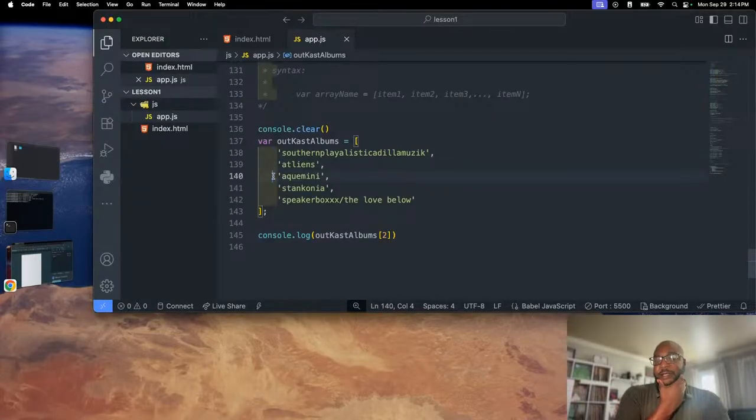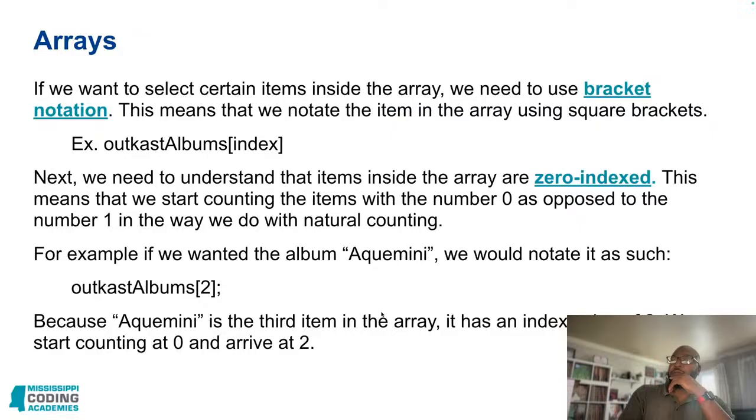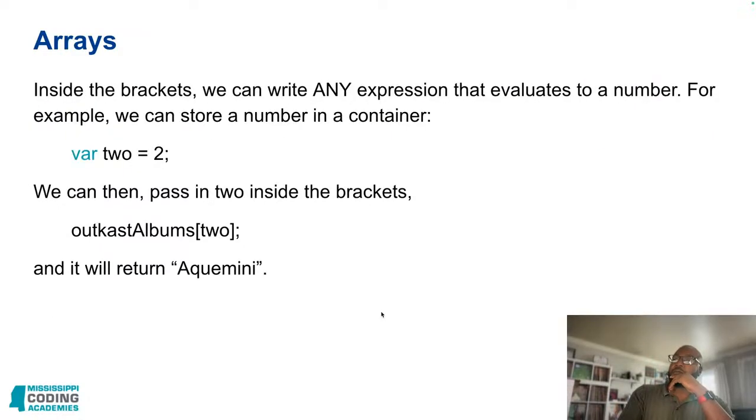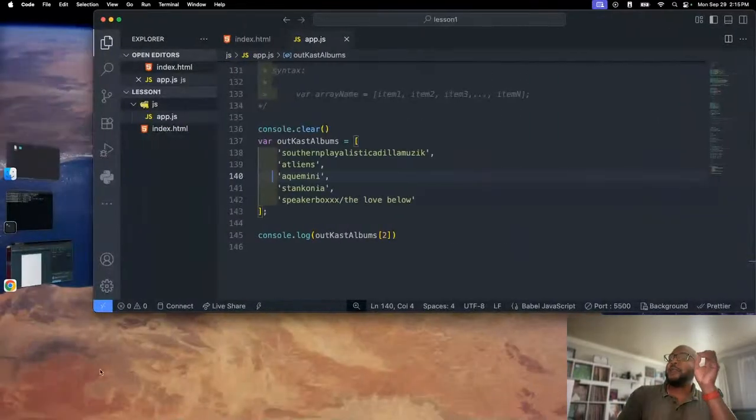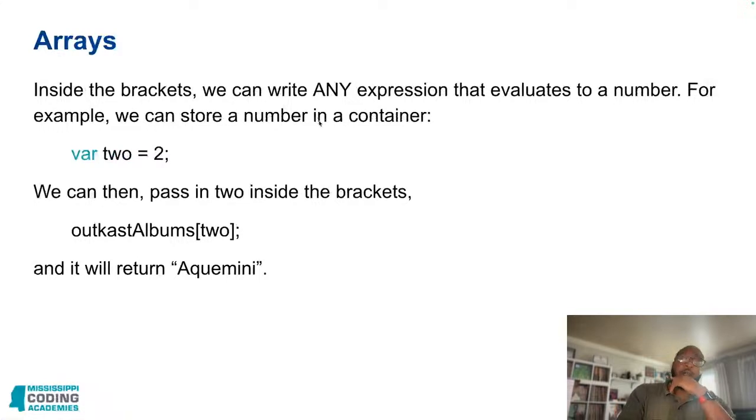And Aquemini is the item that has an index value of 2. And so that one will be the one that is logged out. So yeah, we see that we store here inside the square brackets the index value of the item that we want, and it will return it.